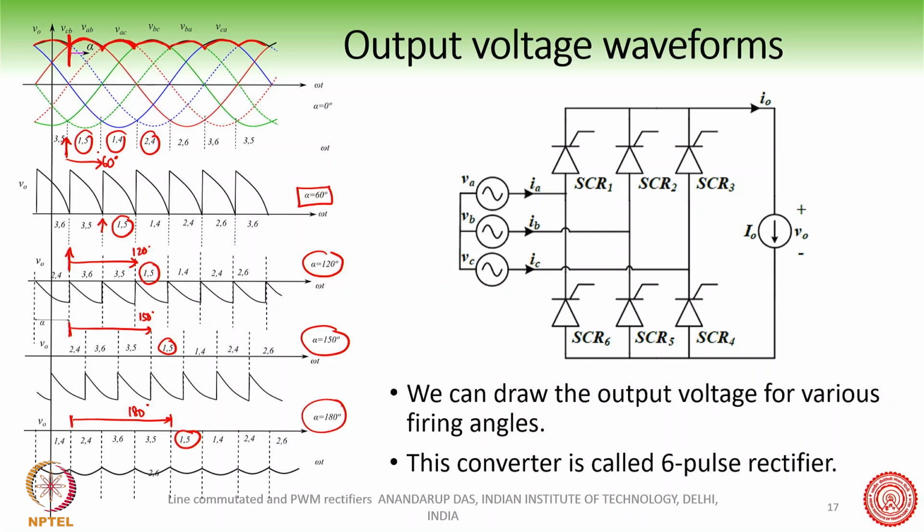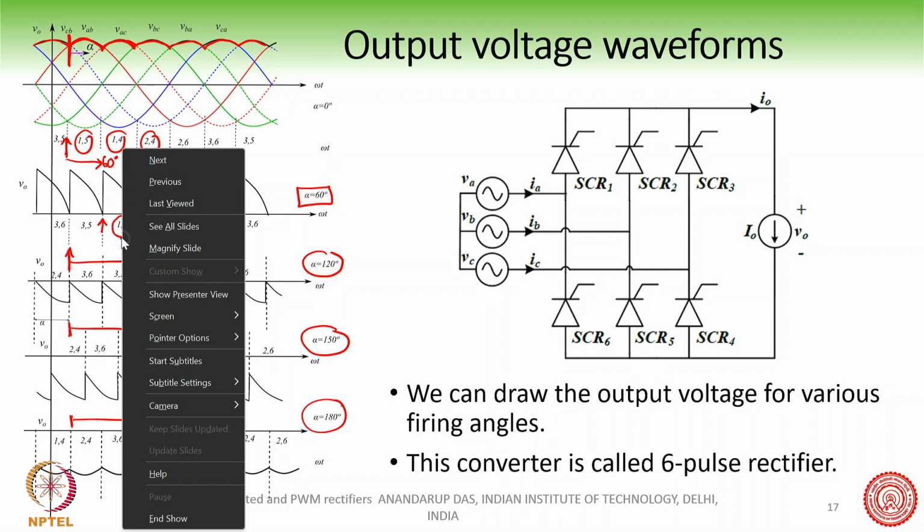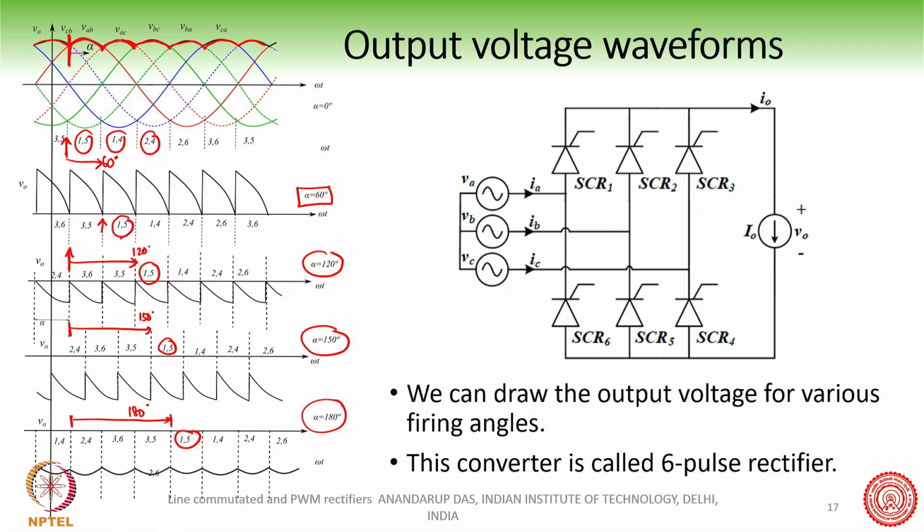When you have alpha equal to 60 degree, you have shifted, and so 1 and 5 is conducting here, which means this part of the waveform will now come here. Okay, and it will be same for all the other phases. So this part is coming to here.